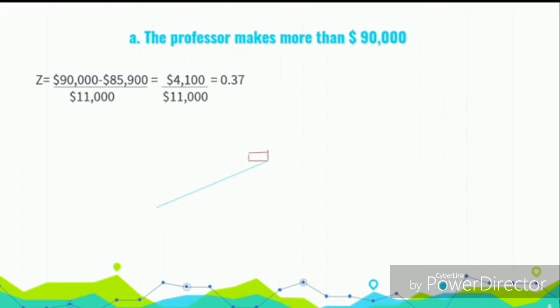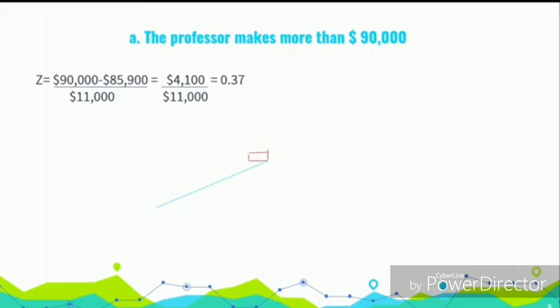By substituting in the given formula, we have Z is equal to $90,000 minus $85,900 over $11,000. If we subtract $85,900 from $90,000, the answer is $4,100 over $11,000. And the quotient is 0.37.